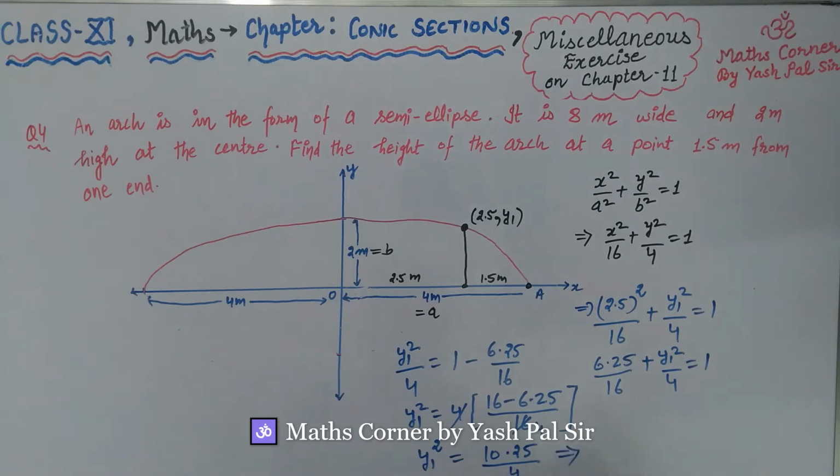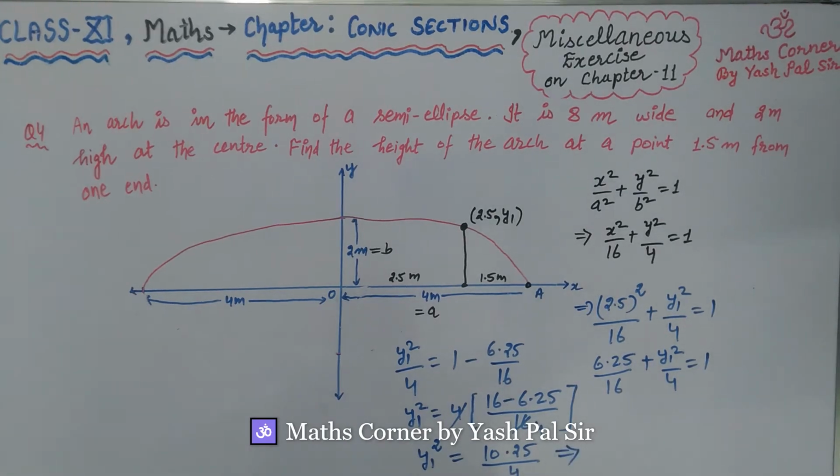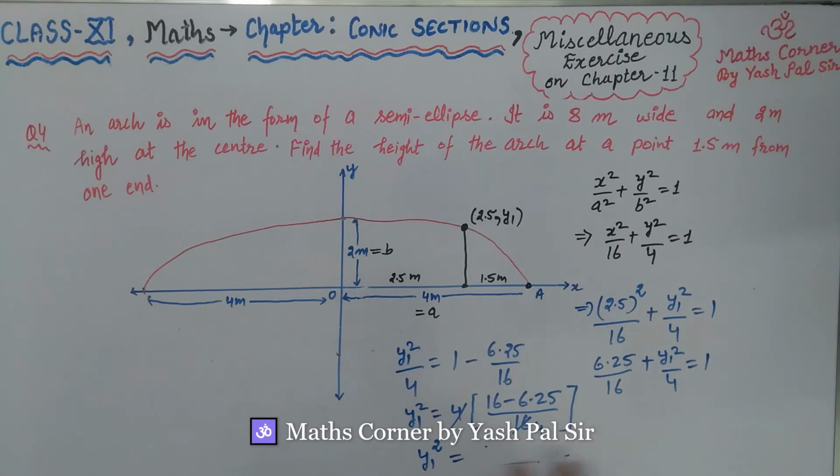Again we are going to take the help of the calculator here. Otherwise we can solve this way also. 16 means 4 square minus 2.5 whole square divided by 4, which becomes 4 minus 2.5 into 4 plus 2.5 divided by 4.